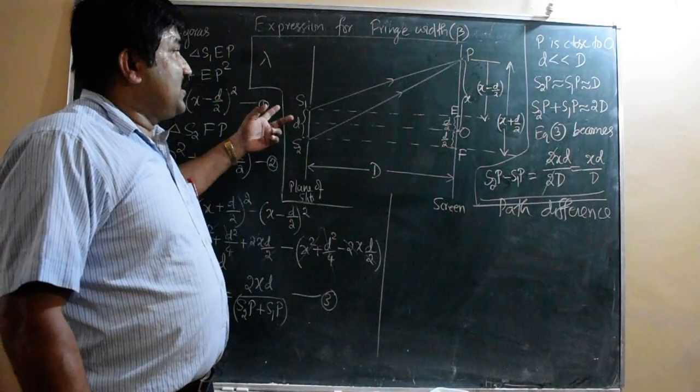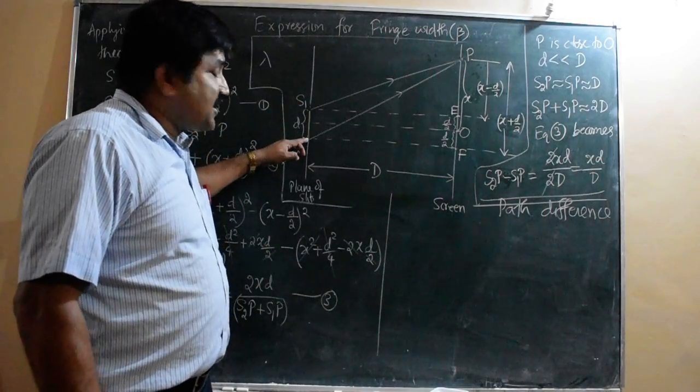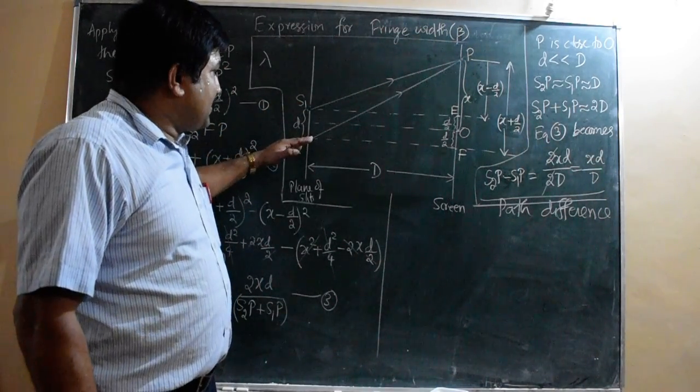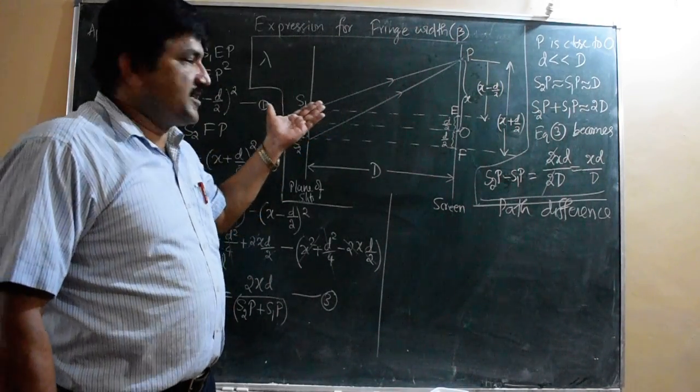The light going from slit S2 is traveling an extra distance. How?